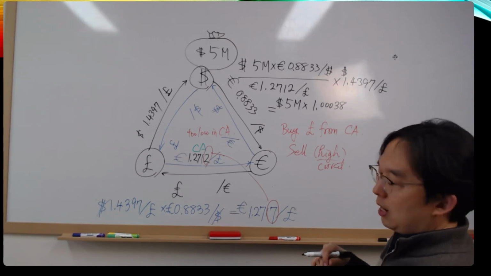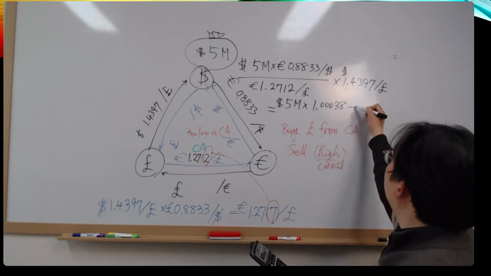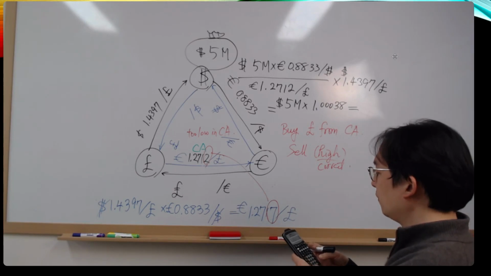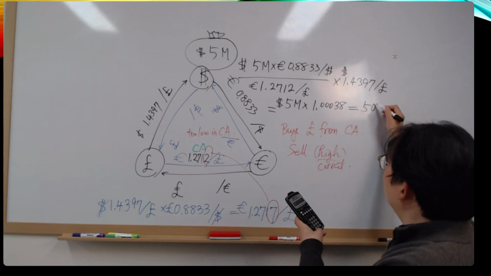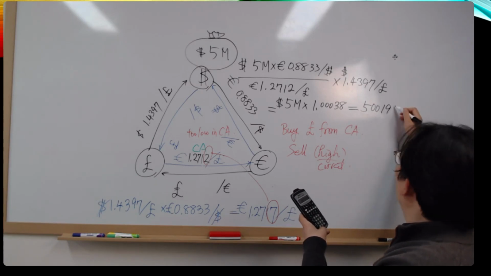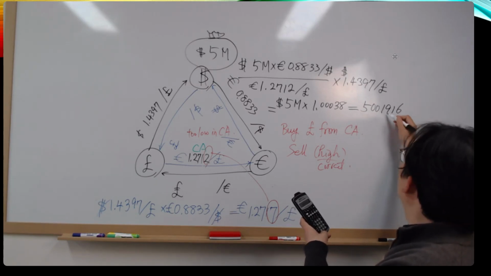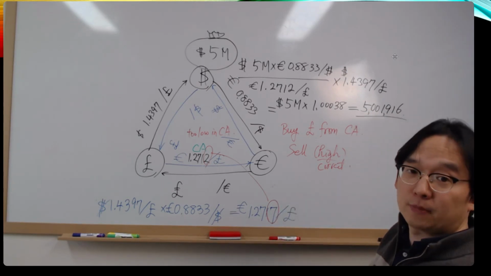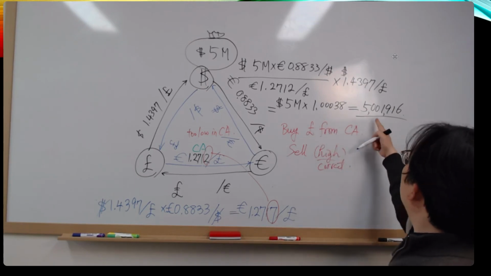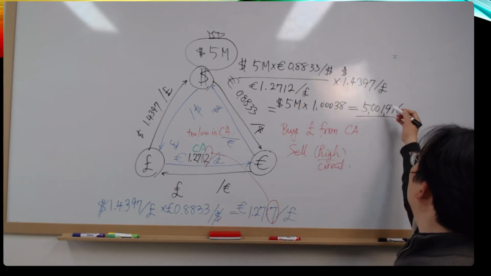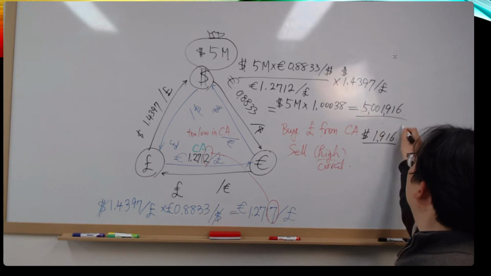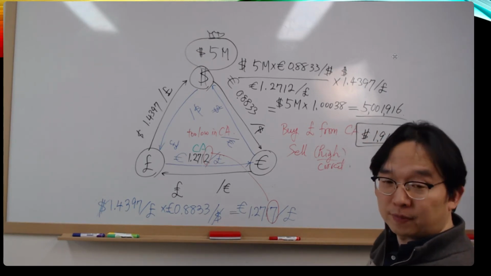And then if you multiply it by my $5 million, you're going to have 5,001,916. I'm going to round up at the last part. Now this is clearly bigger than $5 million, and you realize that you got $1,916 worth of arbitrage profit by going through this direction.